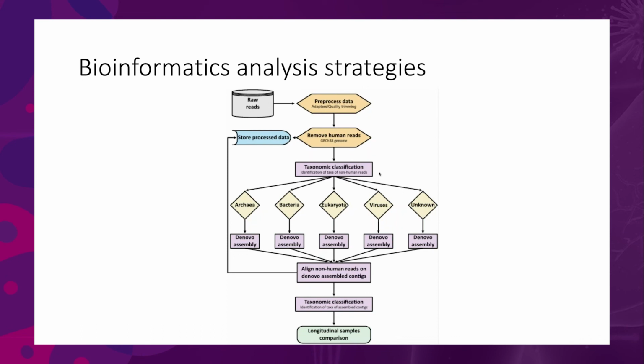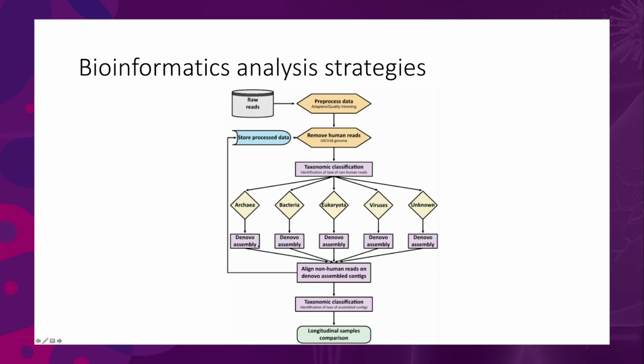The groups are archaea, bacteria, eukaryota, viruses, and the reads that cannot be classified as anything, which can be considered dark matter, or erroneous reads. We don't know at this moment, so we just put them in that category.